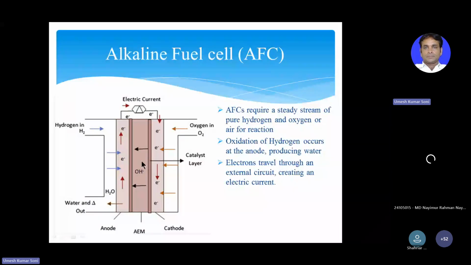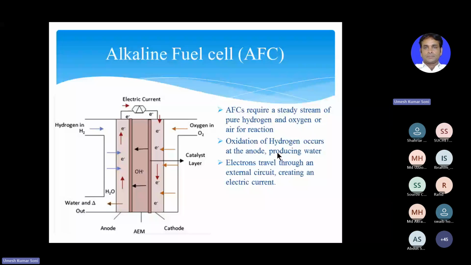The electron will be taken from this side, so oxygen ions will be formed. The fuel cell requires a steady stream of pure hydrogen and oxygen. Oxidation of hydrogen occurs at the anode and produces water. Electrons travel through the external circuit. The theory is the same.